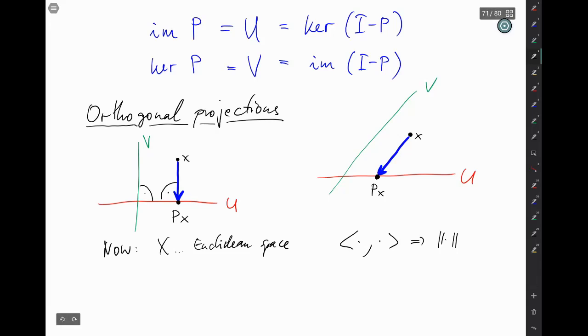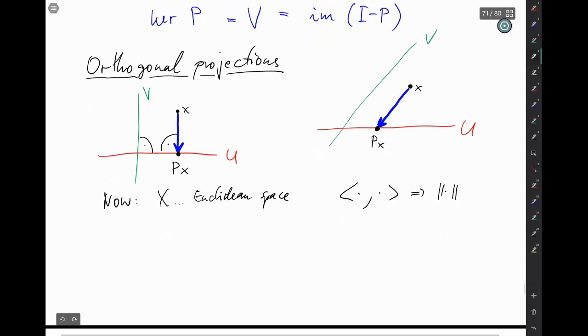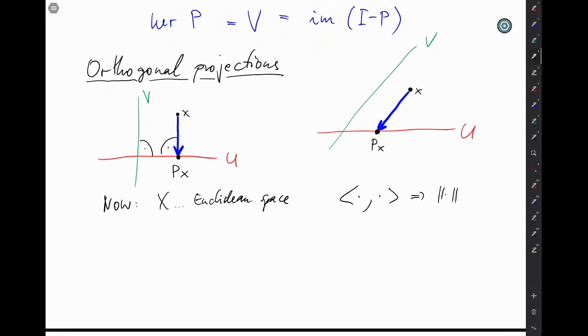Is there a chance to do the same with your algebraic definition, which just consists of this one line? So how can you plug orthogonality into this equation?